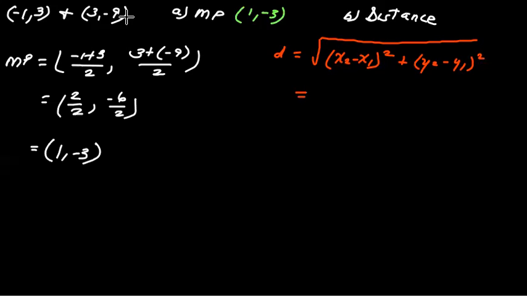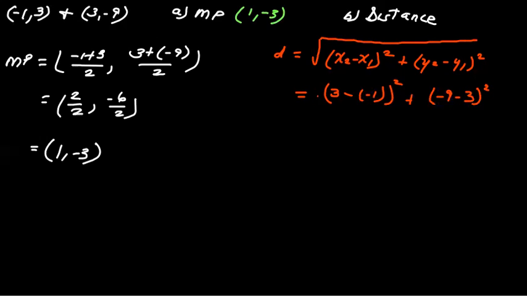What is x2? x2 is 3. So I have a 3 minus, and x1 is -1, so this is minus a -1. And then that is squared. Plus, what is y2? y2 is a -9 minus 3 squared.